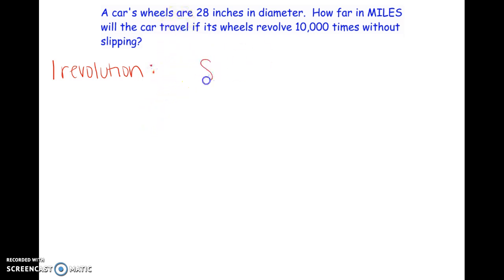So we've been working with arc length, and we've been saying that's r times theta. Well, I want you to think about, for one revolution, if you're going all the way around a circle one full time, then going that distance is going to be 2 pi radians. So in this case, your theta is going to be 2 pi. And our radius was given to us, except it was given as 28 inches in diameter.